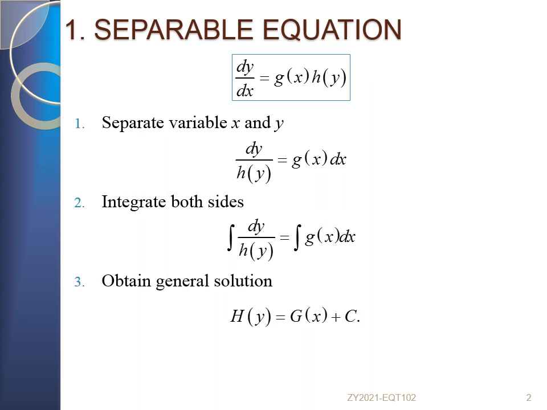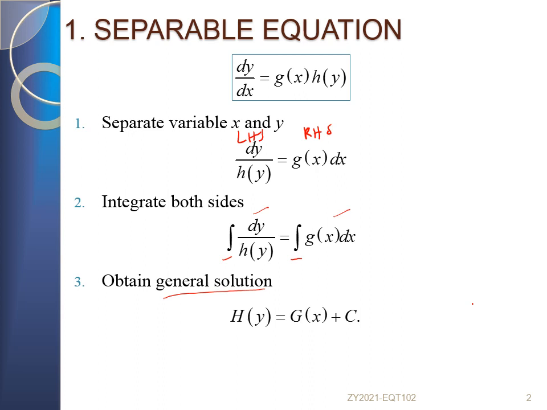So the first step is we will have to separate: y will be on the left hand side, x will be on the right hand side. After that, the second step is we will integrate both sides separately, left with respect to y and right hand side with respect to x, and then we will obtain the general solution.